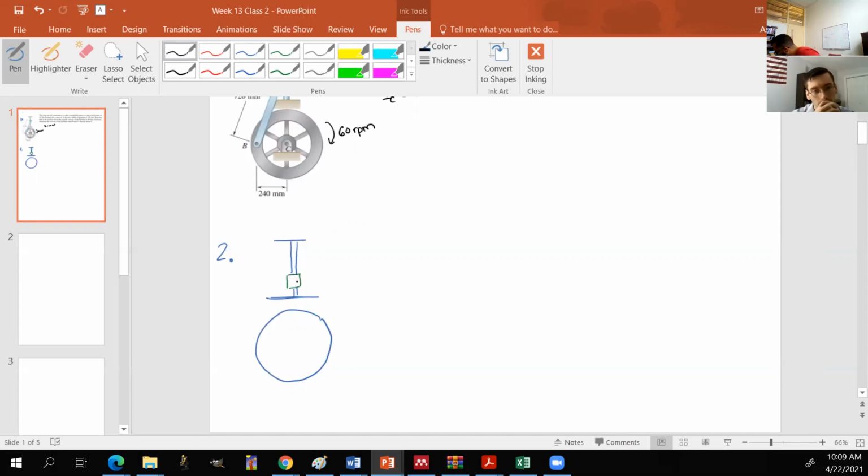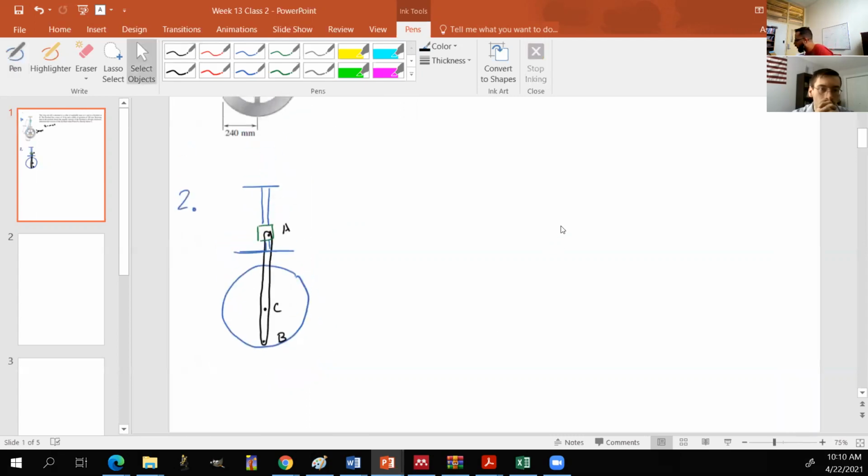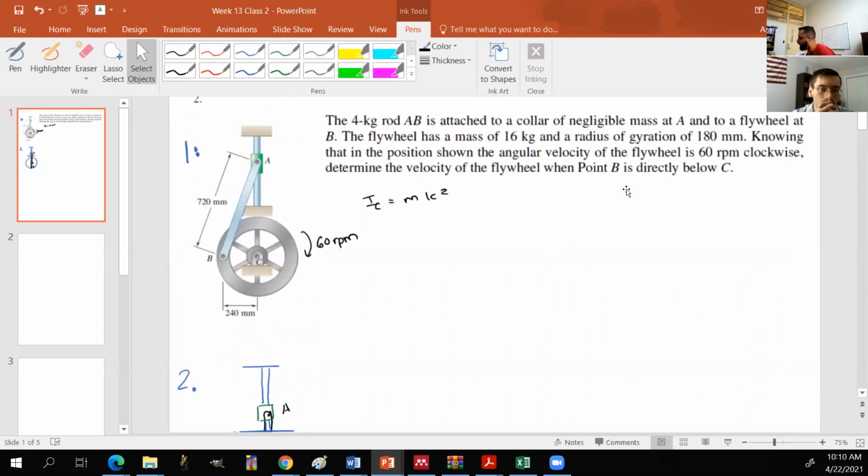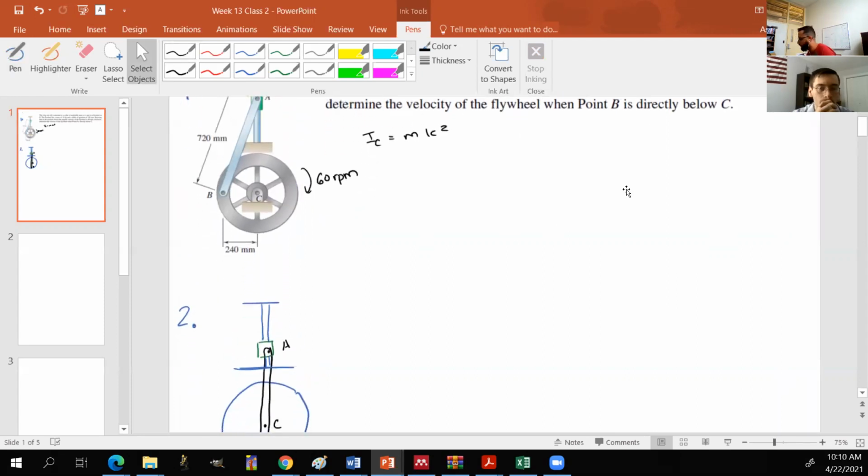Told that the rod AB goes to that position like that. All right. So here, now what I've got is I've got the point C right there. I've got the point B right there. And point A is right there. And this is the position in which the problem is asking me to find what the velocity of the flywheel is going to be at that point.